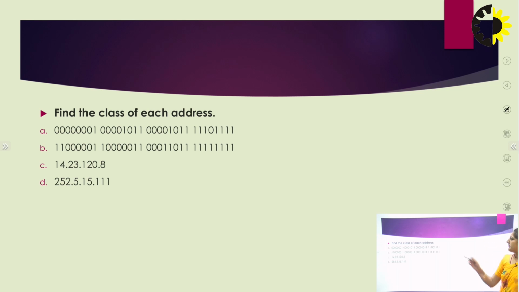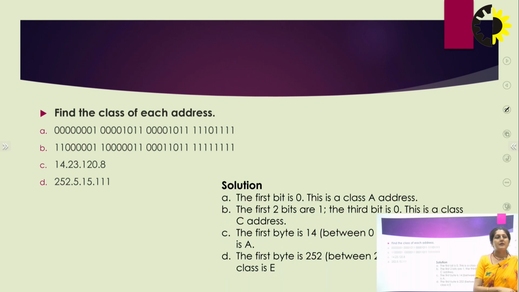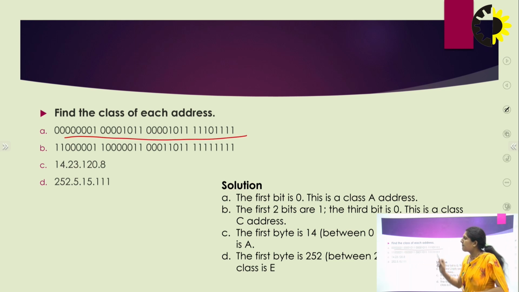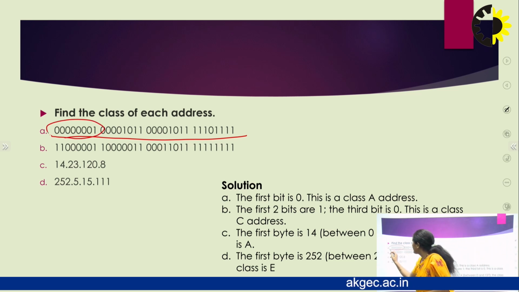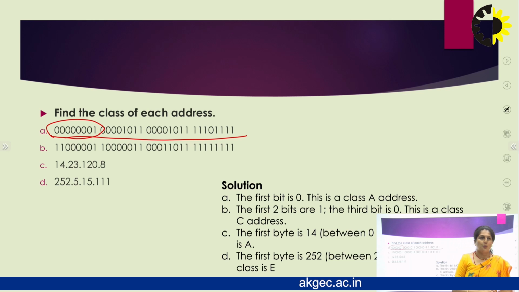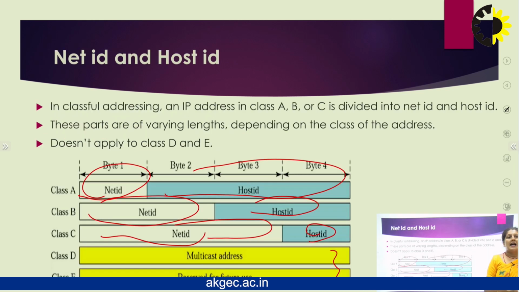And these 2 are the reserved ones, which we are not using. So how can you find the class of each address? Let us see the first one, which is in binary notation. If we convert this to decimal form, you can see the first bit starts from 0.